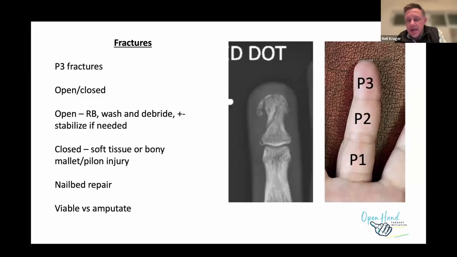So if it really is an unstable fracture and it is amenable to a single K-wire, it is important that open fractures get managed by a good thorough washout, stabilize with a K-wire as is needed, and then some antibiotics in terms of 2 grams of cefazolin, and then a good check in 3 or 4 days' time, just to make sure that there's no infection that's happening.